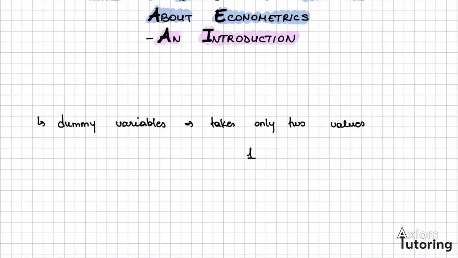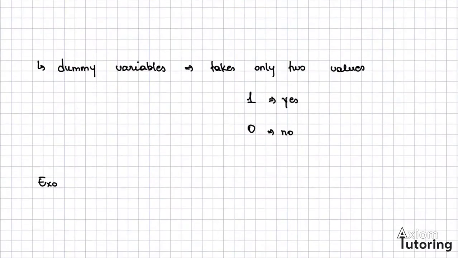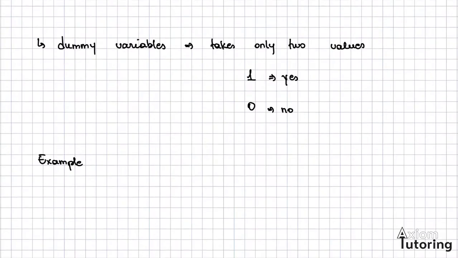Which means 1 or 0, where 1 is yes and 0 is no. For instance, you could have a dummy variable, which is 1 whenever someone is employed, and 0 when someone is unemployed.